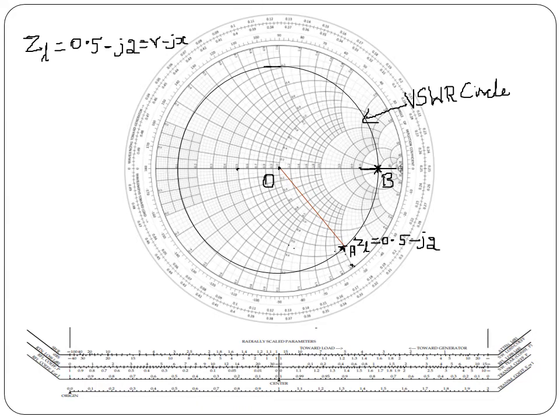At this point, the value of rho or VSWR is 10. You can read it in your Smith chart.